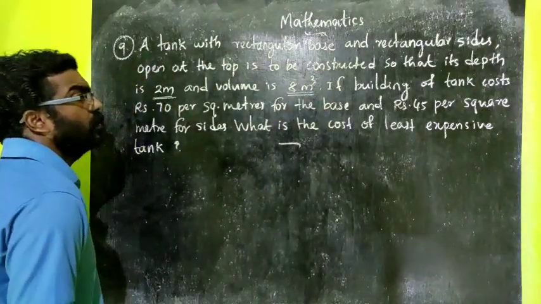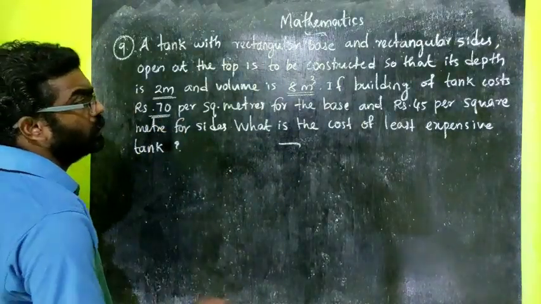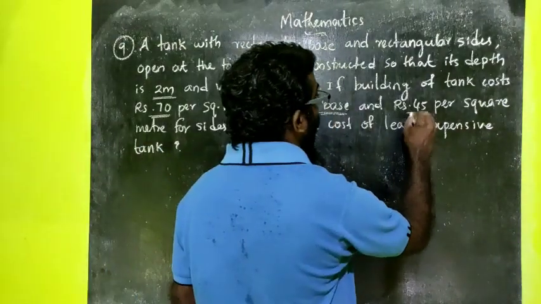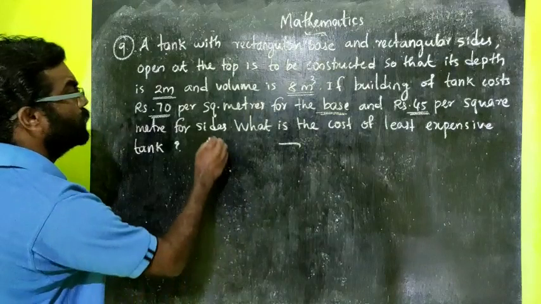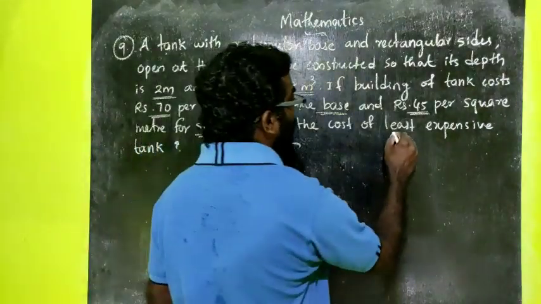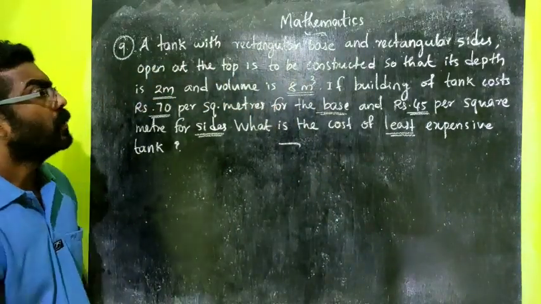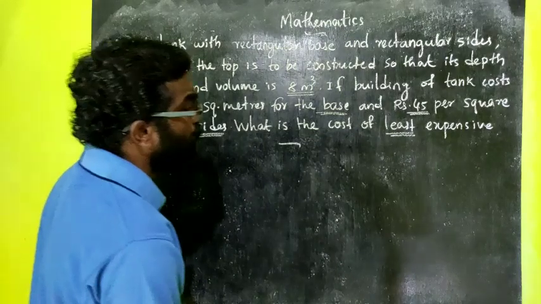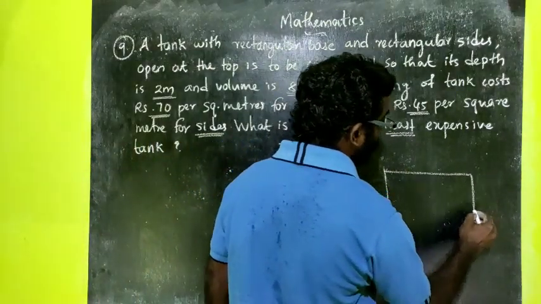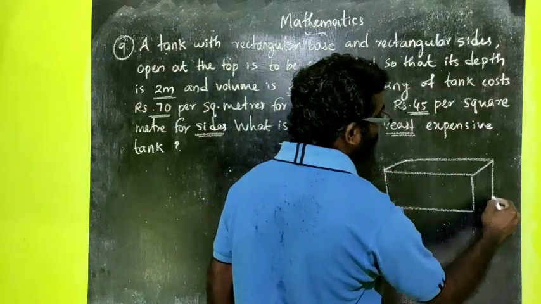If building of tank costs rupees 70 per square meter for the base and rupees 45 per square meter for sides, what is the cost of the least expensive tank? Least means minimum. Okay. So first of all, we can draw a rough figure of the tank, rectangular base and rectangular sides. So it's like a cuboid.